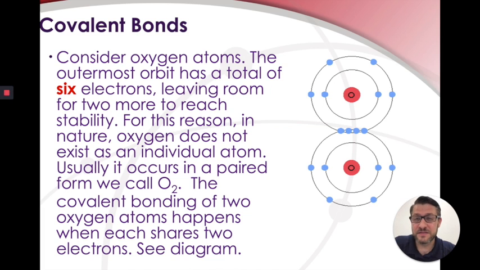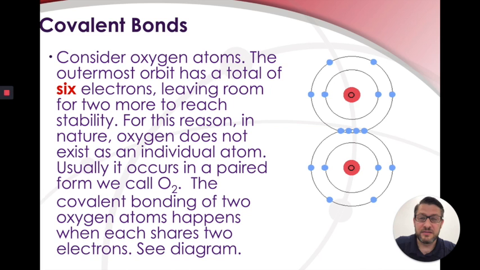Oxygen has 6 valence electrons, and it wants 8 in its orbital, so what it's going to need to do is grab hold of 2 extra electrons. Now, conveniently, another oxygen atom has another 6 valence electrons, so it has 2 extra electrons that it needs to fill as well. So what these 2 oxygen atoms do is they kind of agree to share their 2 pairs of electrons, and that completes each orbital.